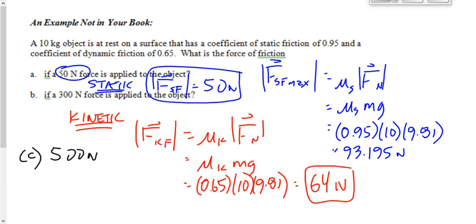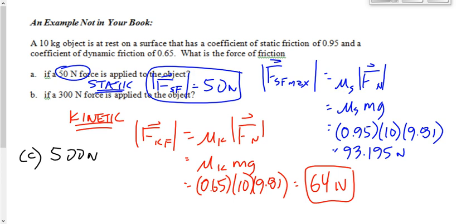Yes. Kinetic friction then, right? What's the force of kinetic friction acting on it if I applied a force of 10,000 newtons? 64. What if I applied a force of 91 newtons? Would it move? No. So it's static friction. What would the force of static friction be? 91. Right? It's how hard I push, as long as I don't push above the maximum force.